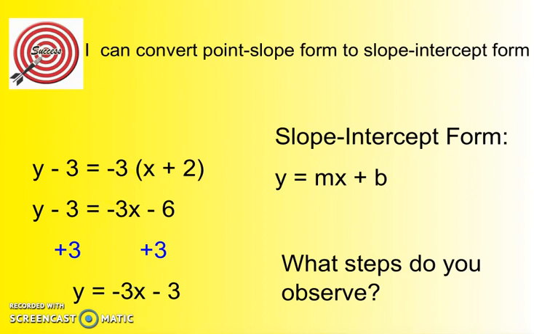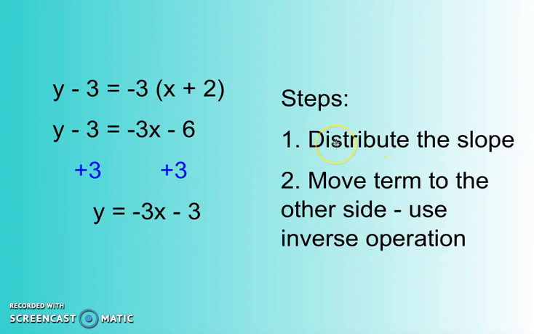So what steps did we do? Well, the first step we used, we distributed the slope. So negative 3 right here is the slope. So negative 3 times x and negative 3 times 2. Then we moved a term to the other side.